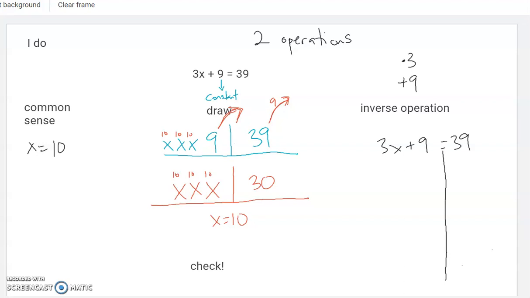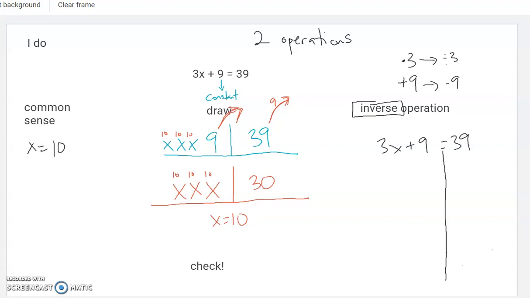So I need to undo or inverse both of those. But what order I do it in is going to matter a lot. So the question then becomes, what order do I do it in? The inverse of multiplying by 3 is dividing by 3. The inverse of adding 9 is subtracting 9. But which one do I do first? And which one do I do second?